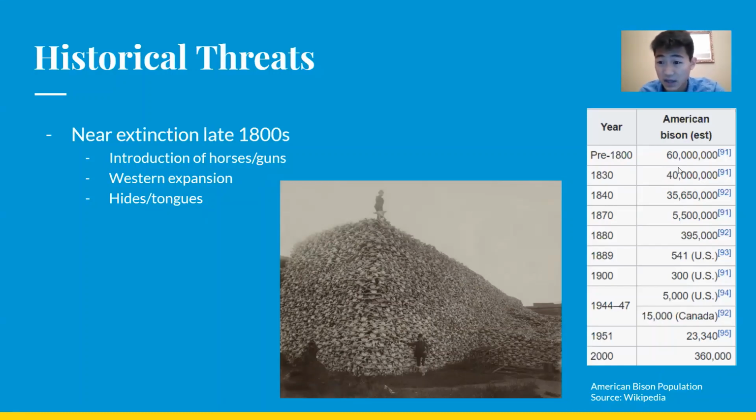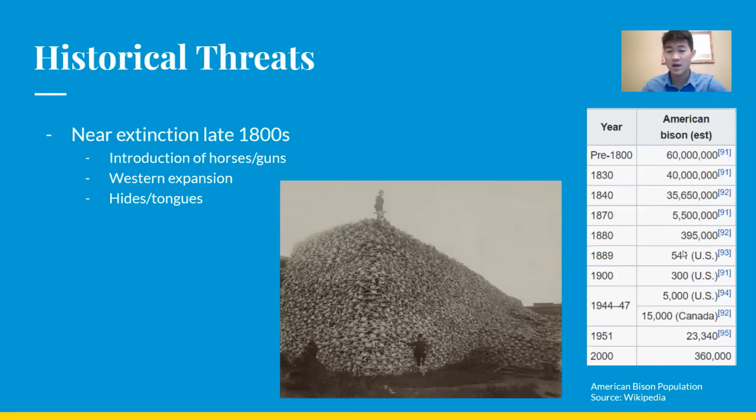But as you see, after each decade in the 1800s, they went from 60 million, 40 million, all the way down to 5 million, and then within 10 years, less than 400,000. And then by the 1890s and into the 1900s, there were less than 1,000 bison left. So they went from 60 million to less than 1,000.